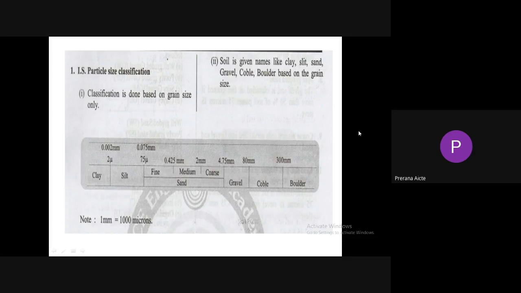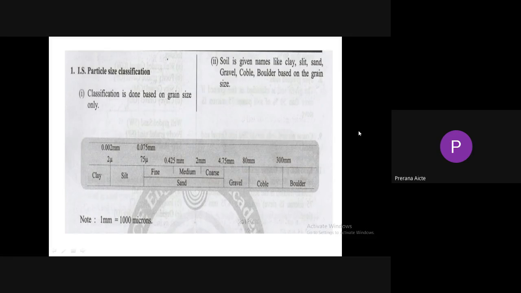When the particle size is greater than 2 microns and less than 75 microns, the soil is classified as silt. When the particle size is between 75 microns and 0.425 millimeters, the soil is called fine sand.